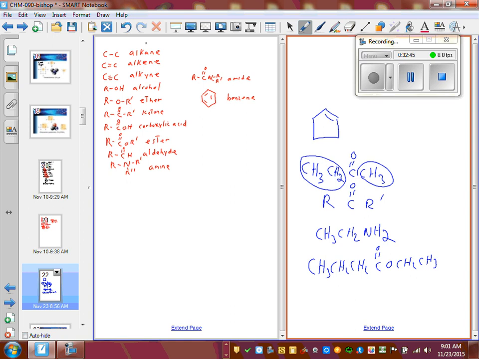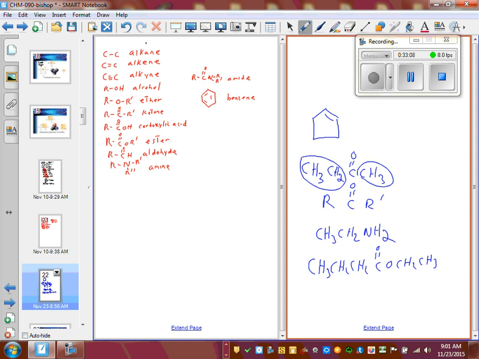Good. Amide or ester? How can it be an amide? Do you see a nitrogen?